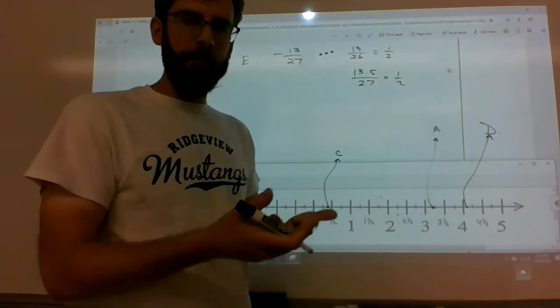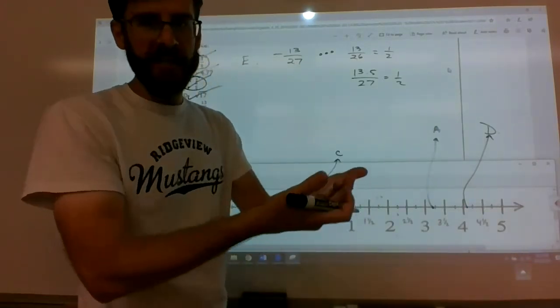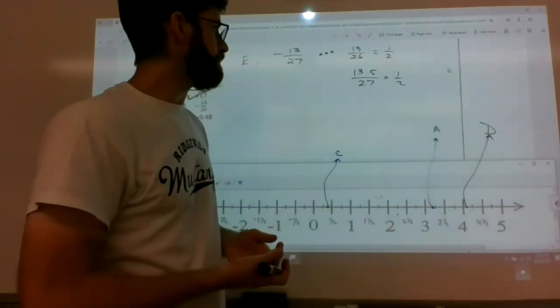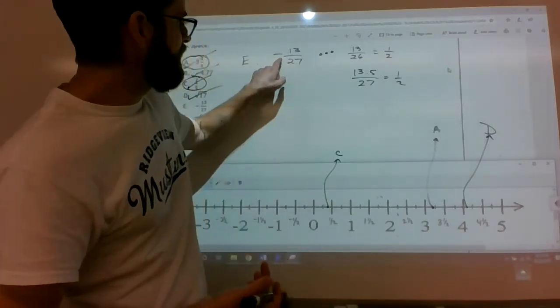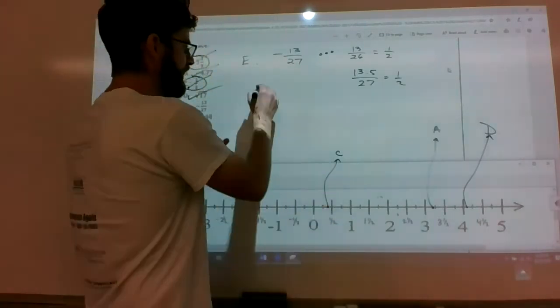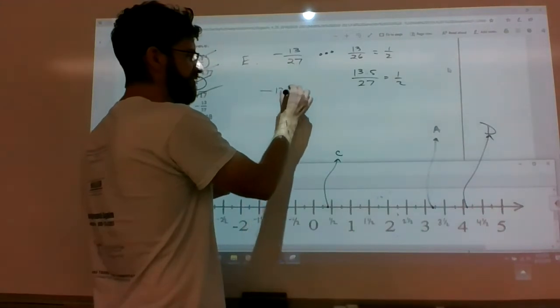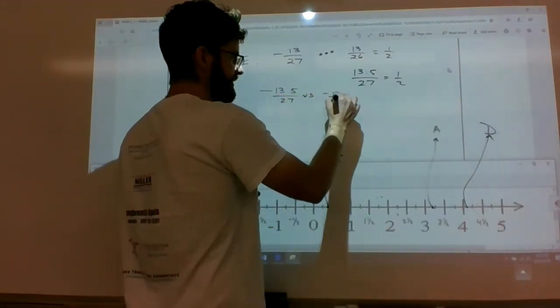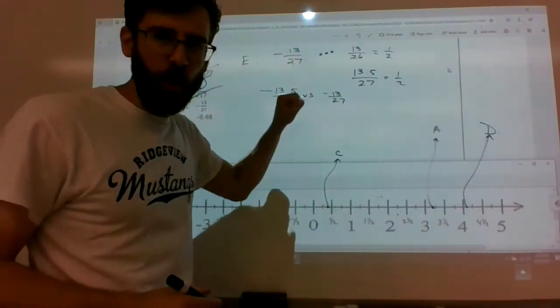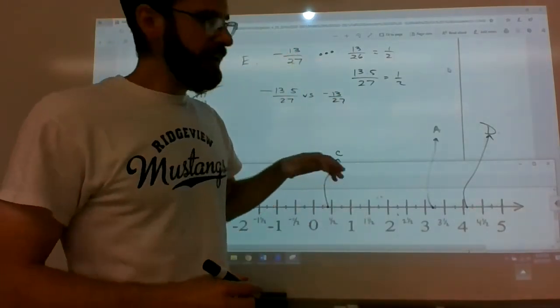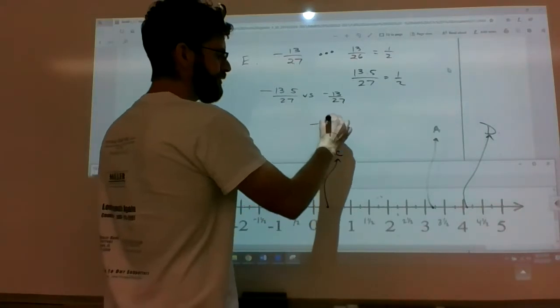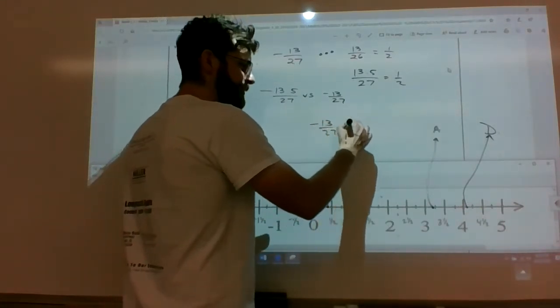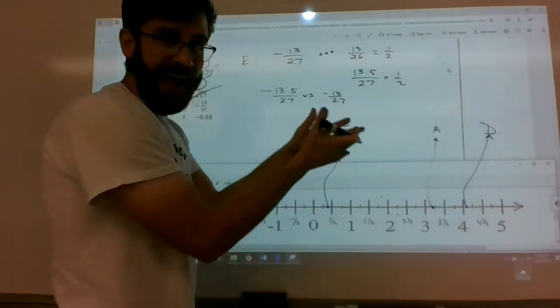I mean, every time you move up 1, half of 1 is 0.5. So compare these two numbers. Negative 13.5 over 27 versus negative 13 over 27. 13 is not quite half of 27. So it's kind of like negative 13 over 27 is approximately not quite half.